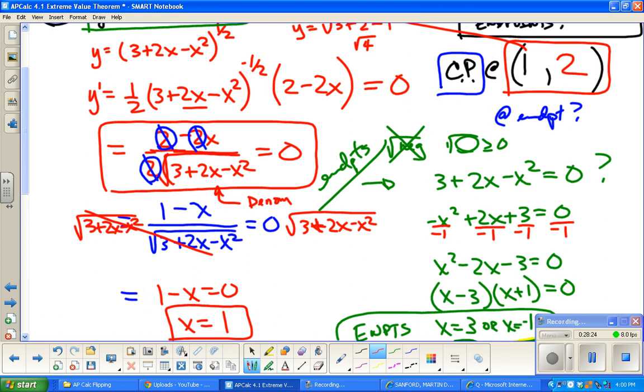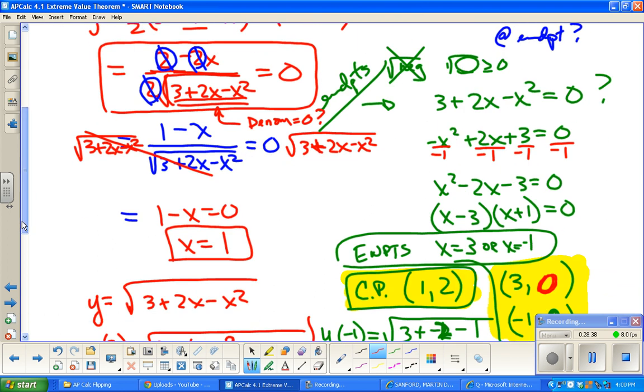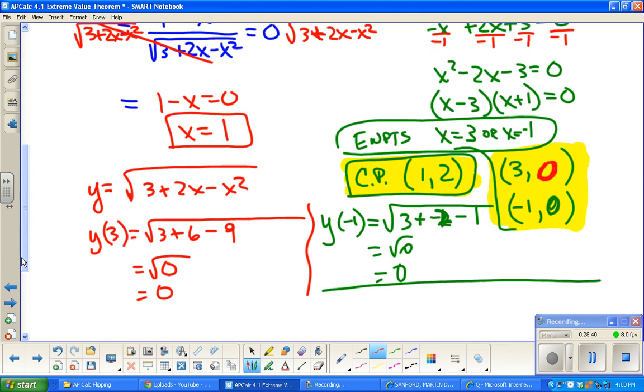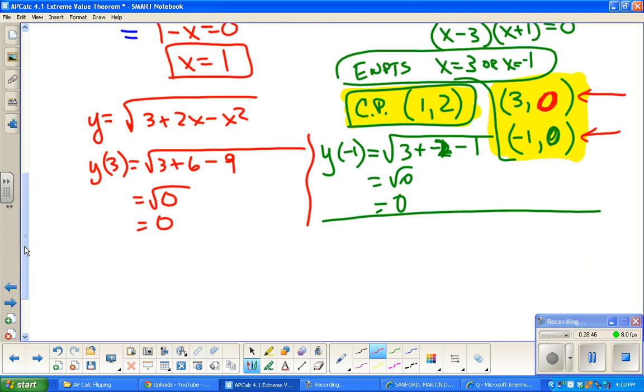And those are also critical points. If the denominator equals 0, those are critical points also, because the derivative doesn't exist. Please note that this whole thing is going to equal 0 at the same place as these points that are endpoints for the function itself. So I'm really curious to look at the graph of this.